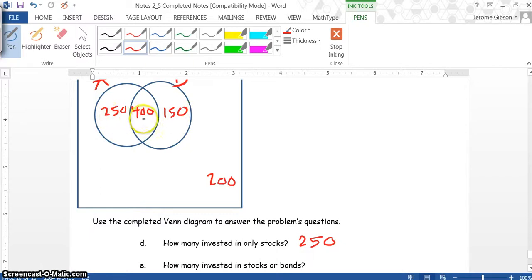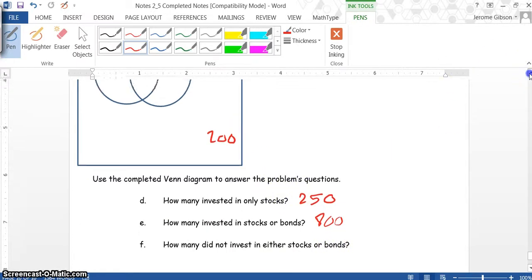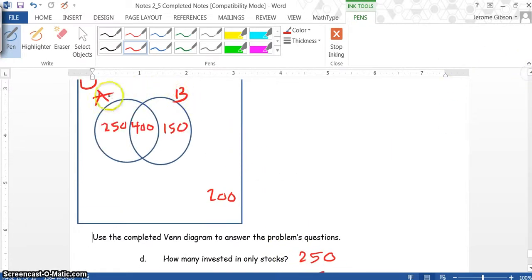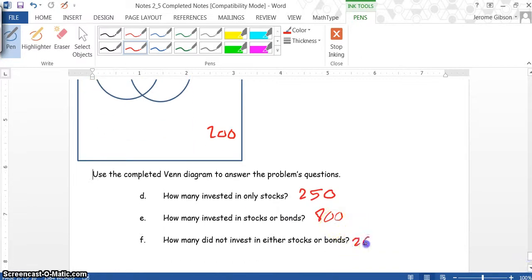So 250 and 400 is 650 plus 150 is 800. Now F, how many did not invest in either stocks or bonds? Remember, it's always the universal set when they exclude all of the sets shown here in the Venn diagram. So the outside set or universal set is 200. And that is it.